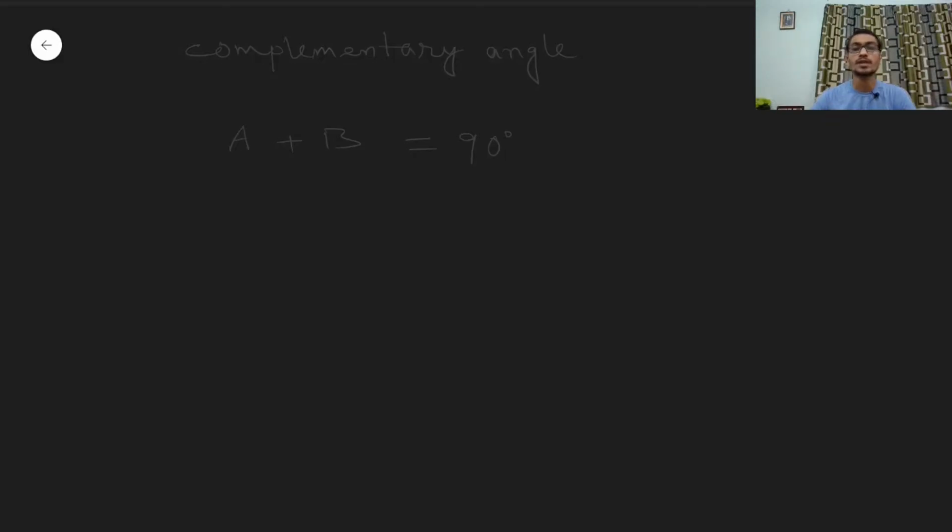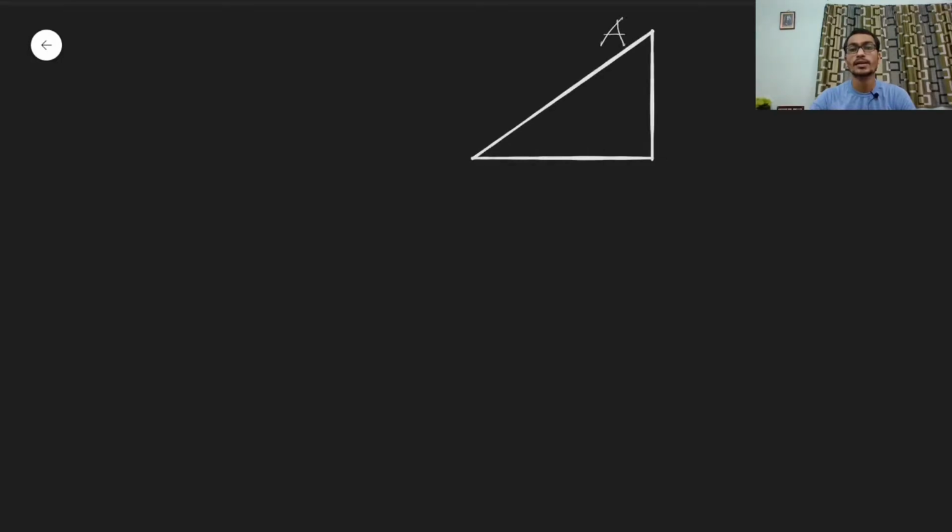So now let us take a right angle triangle, let us say triangle ABC. Obviously angle C is the right angle. You may clearly find that angle A and angle B are complementary to one another. Why?